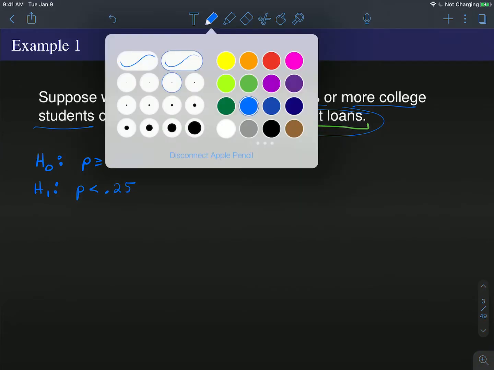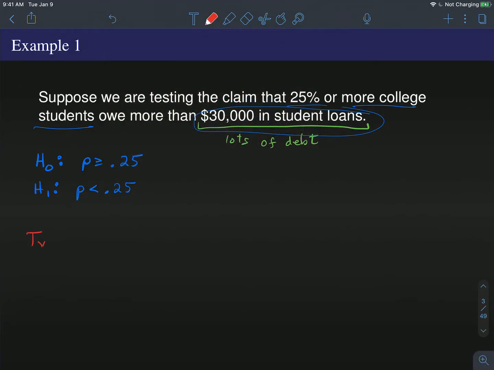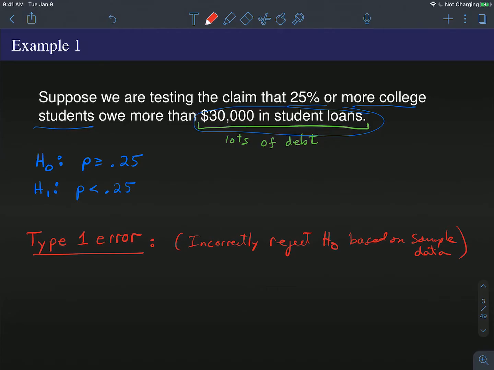So let's think about our type 1 error. Now, the shorthand for this is we incorrectly reject H0 based on sample data. All right, so this is what making a type 1 error involves.